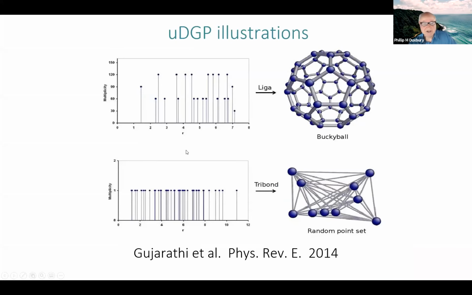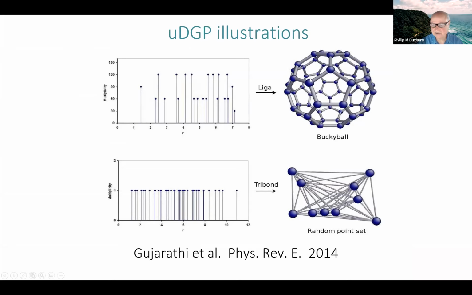So we went back to, in fact, earlier than that, we went back to the ideal problem. And this is a snapshot of the distance list for an ideal buckyball, C60. What you can see is that in the true buckyball, there are 21 unique distances, and they have high multiplicity. So the nearest neighbor distance, between any two atoms, has degeneracy 90.